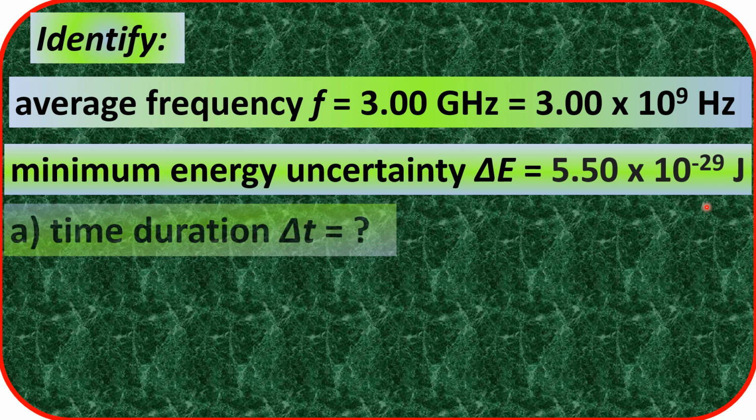Our first target variable is the time duration, denoted by delta T. This is the time duration, delta T, of each pulse.